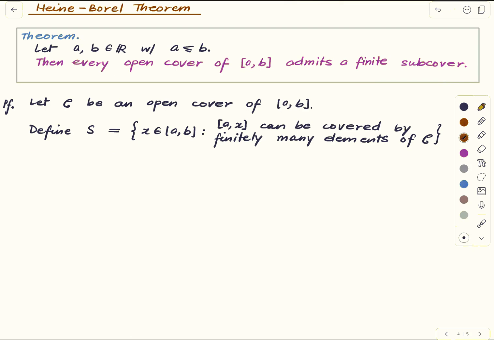So we want to show that b is in S. This is our goal.